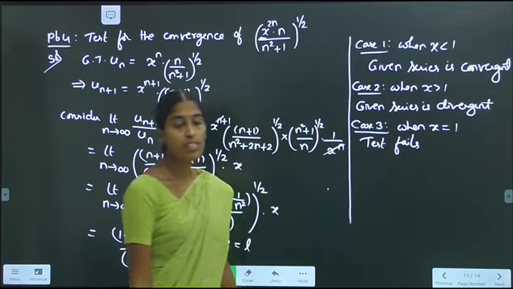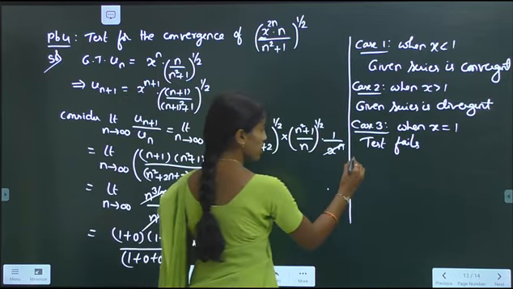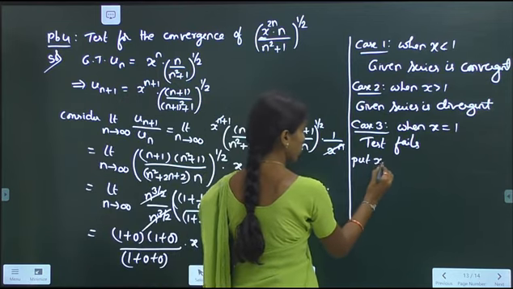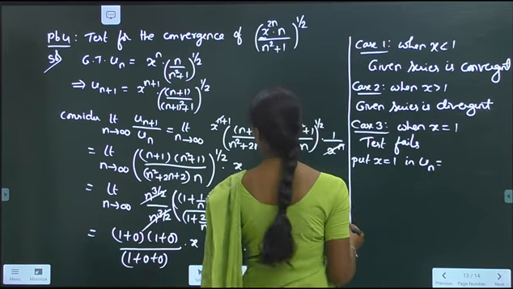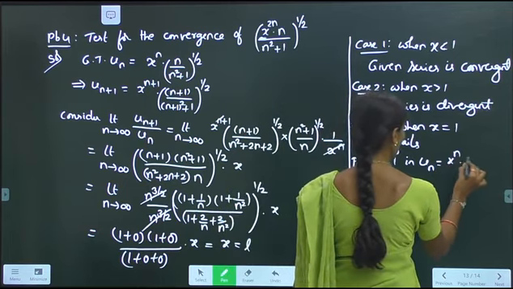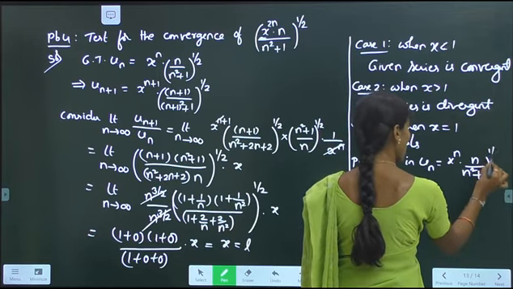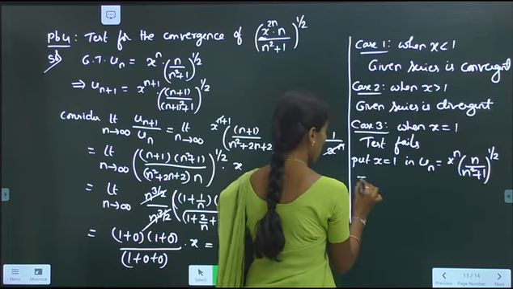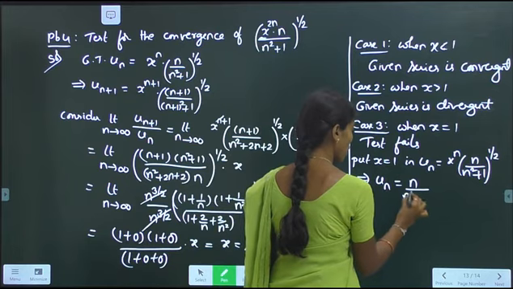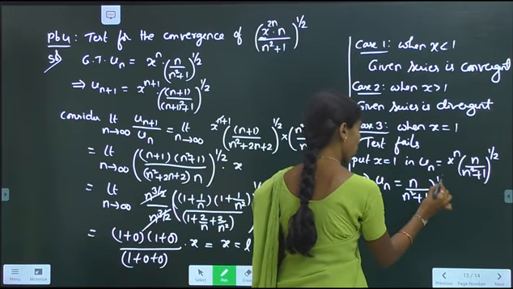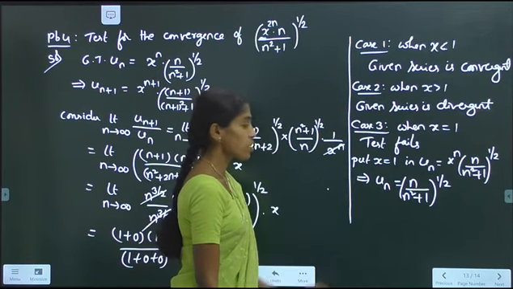Whenever the test fails, we need to apply the limit form of comparison test. Put x is equal to 1 in un. What is un? X power n into n by (n square plus 1) whole to the power 1 by 2, implies un is equal to n by (n square plus 1) whole to the power half, by substituting x is equal to 1.